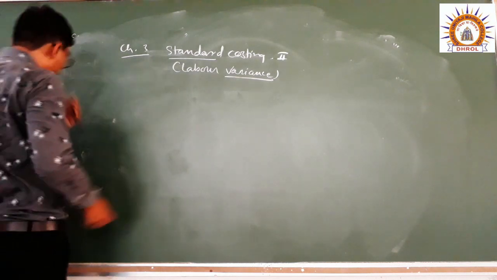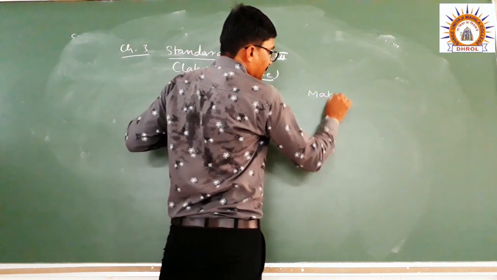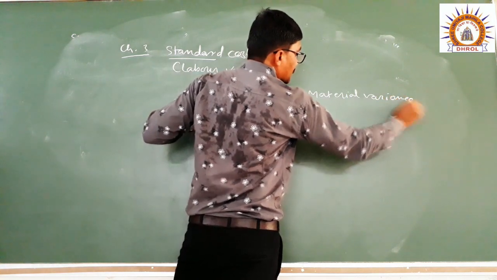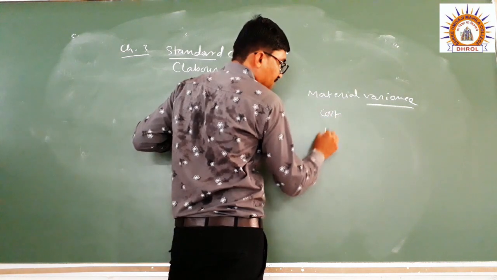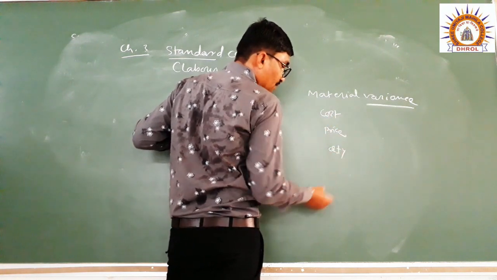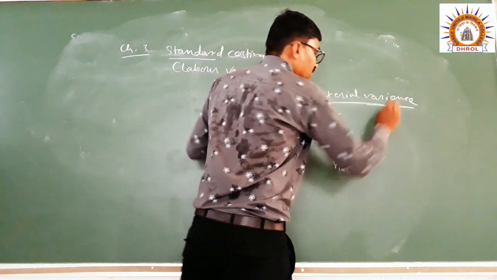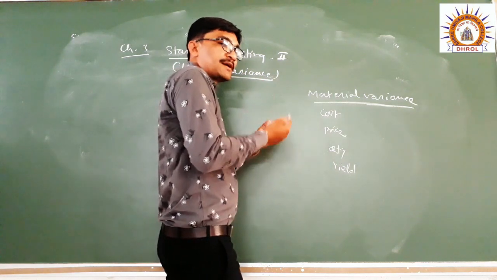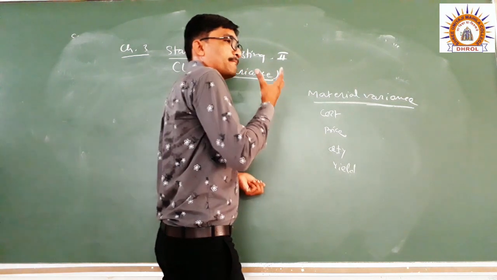In material variance, it is possible to calculate the variance of cost, price, quantity, and the last one is yield. These two chapters, labor variance and material variance, are totally based on formulas.